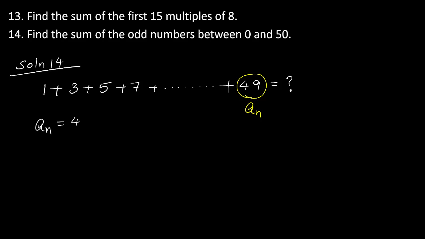an equal to 49. an we studied in the first class. An equal to a plus. Let me explain. After that you can ask me doubt. An has the formula a plus n minus 1 into d equal to 49. A is the first term, which is 1.